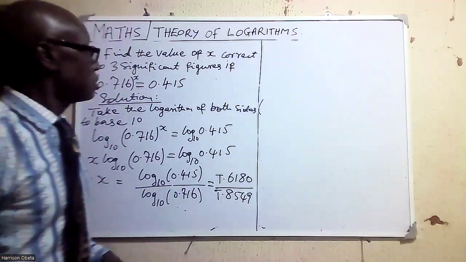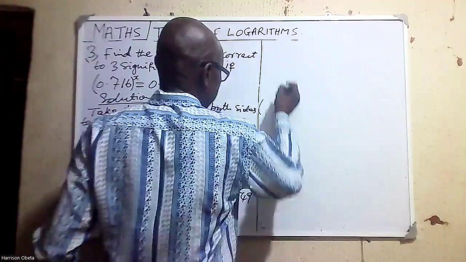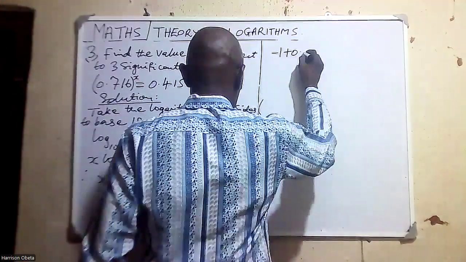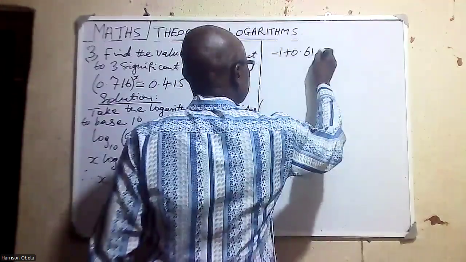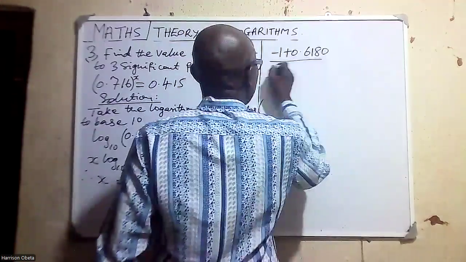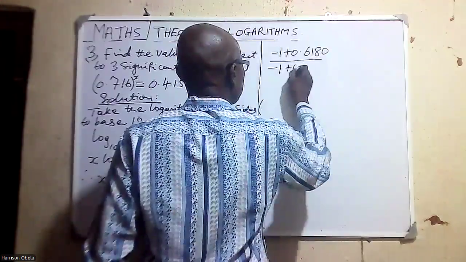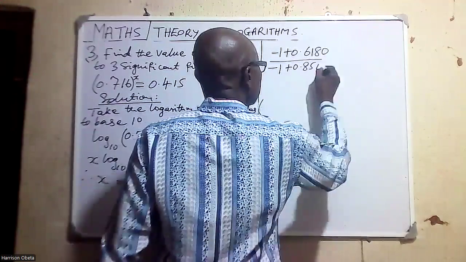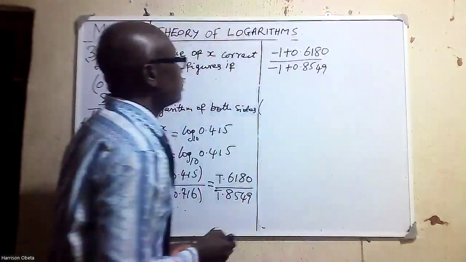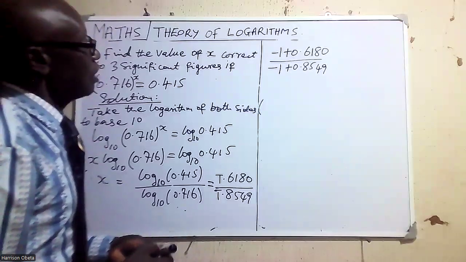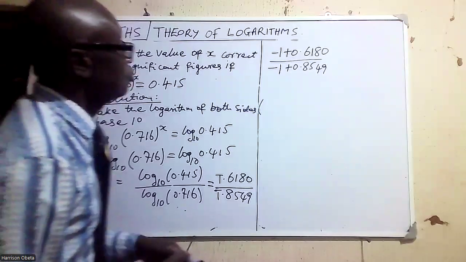In other words, this means -1 plus 0.6180 all over -1 plus 0.8549, which means that in each case we have to subtract in order to give us the expected value.